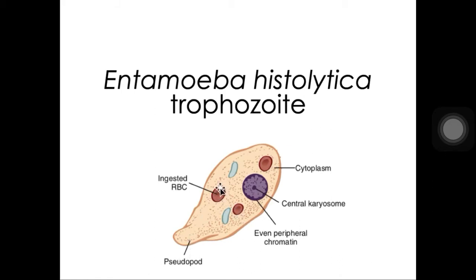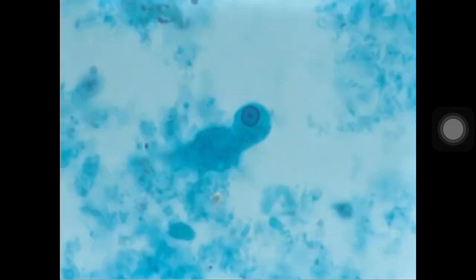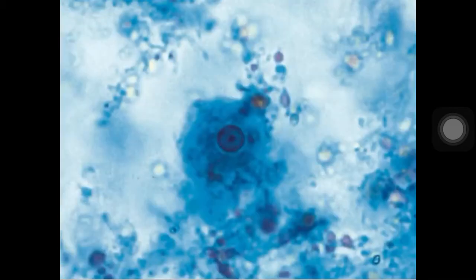So again, we have here the Entamoeba histolytica trophozoite having a finger-like pseudopod. We have the ingested RBC, and as you can see in its nucleus, meron po siyang centrally located karyosome, saka meron po siyang evenly distributed peripheral chromatin. Kaya mukha daw po siyang bullseye. So we also term this one as the bullseye amoeba. Again, going back to the past images, we can see here the permanent staining of your Entamoeba histolytica, a centrally located karyosome, and then an evenly distributed peripheral chromatin.